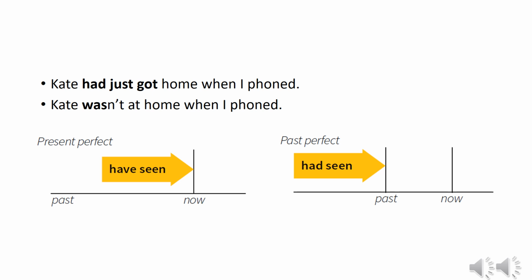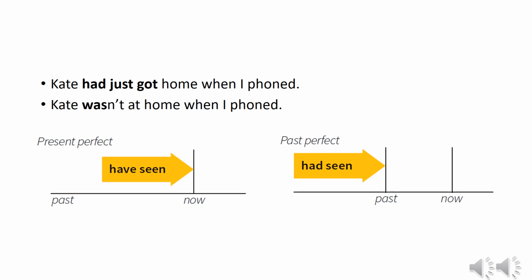For example, Kate had just got home when I phoned. This sentence represents the past perfect, in which the action got refers to the action that happened in the past and also ended within the past period.